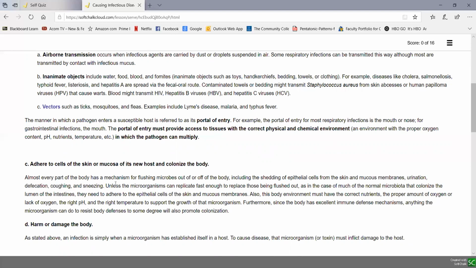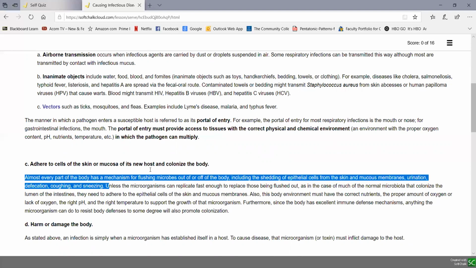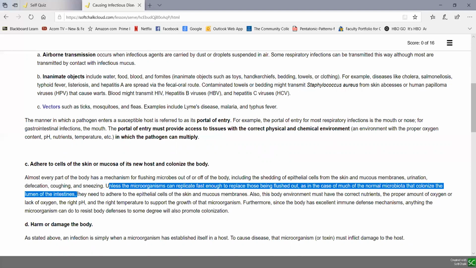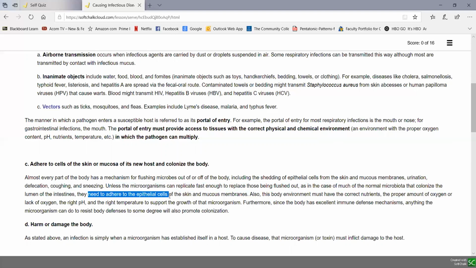So unless the microorganism can replicate fast enough to replace those being flushed out, which is often the case of much of our normal microbiota that colonize the lumen or cavity of our intestines, that organism has to adhere to the epithelial cells of the skin or the epithelial cells of the mucous membranes in order to colonize and resist being flushed out by the body.